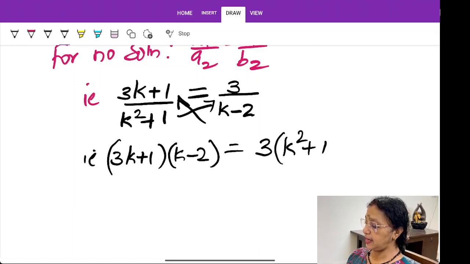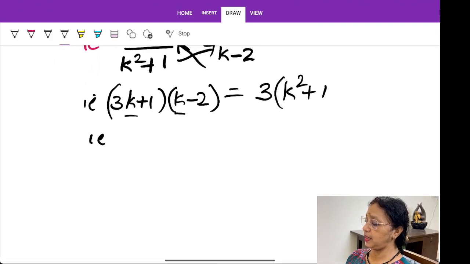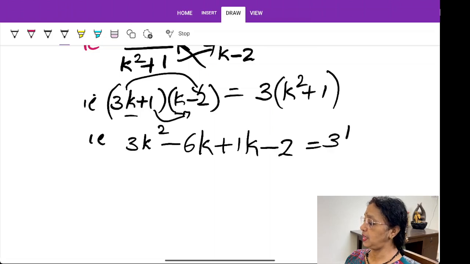Now expand the bracket. 3k into k, 3k square. 3k into minus 2, minus 6k. 1 into k, plus 1k. 1 into minus 2, minus 2. Equals, removing the bracket, 3k square plus 3.